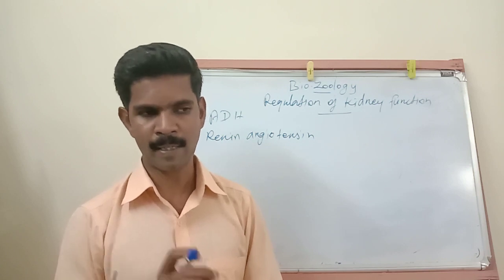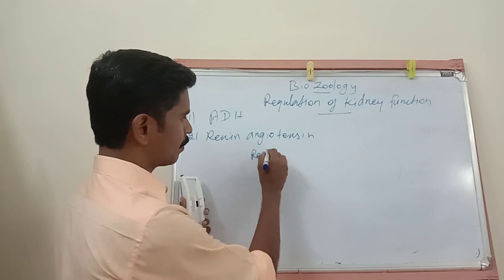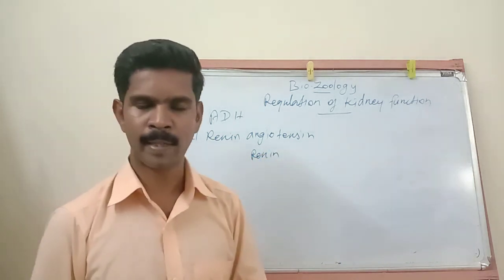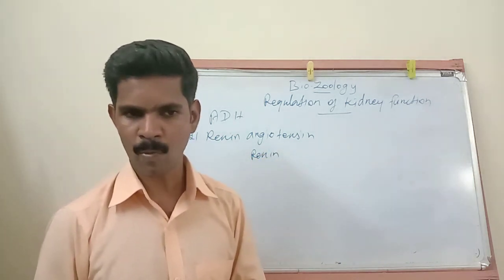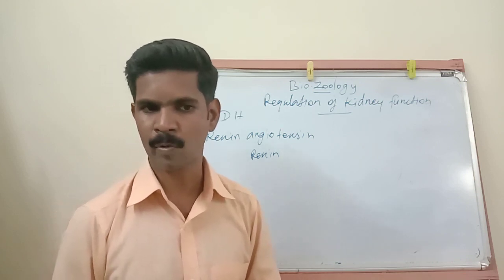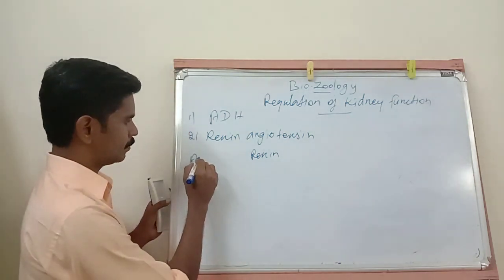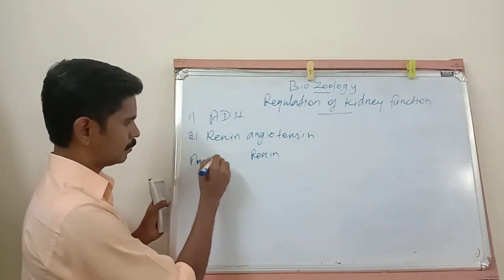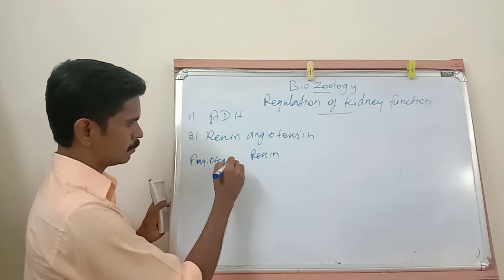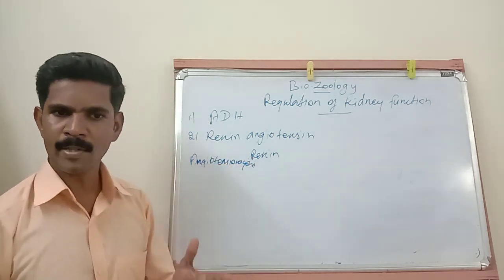Listen very carefully. This enzyme renin converts one protein. The name of that protein is angiotensinogen.